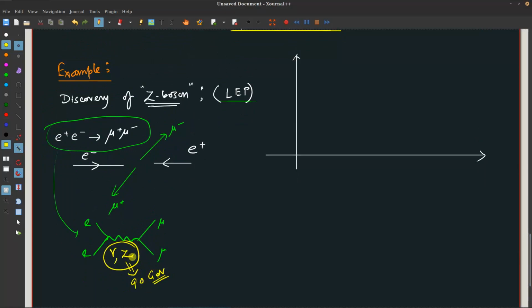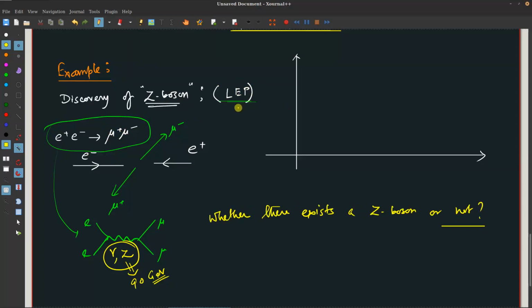Suppose you want to test whether there exists a Z boson or not. By the way, the data for e plus e minus to mu plus mu minus, the cross section, is available in many reviews of LEP physics, so you can actually see the plots.